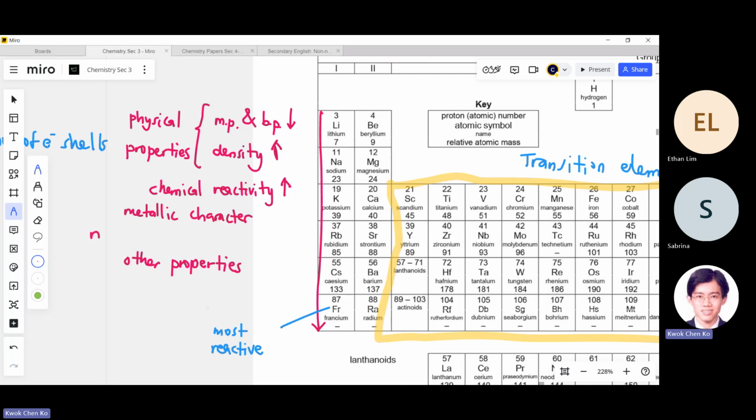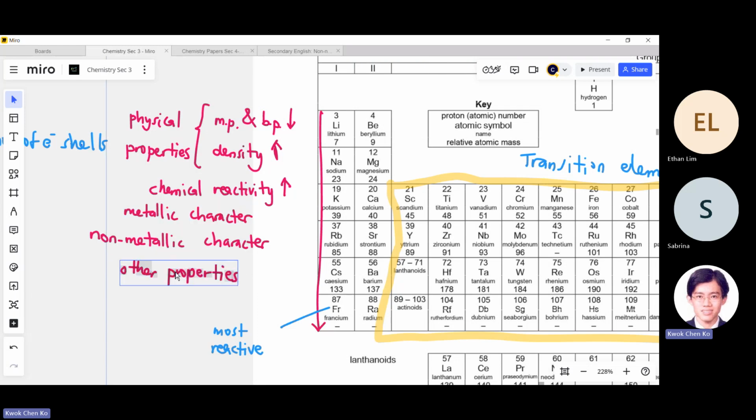And of course, the opposite will be what we call non-metallic character. So as you go downwards, yes, I know they are all metals, but there are different extents to being metals. As you go downwards, do they become more metal or less metal? That is the question.